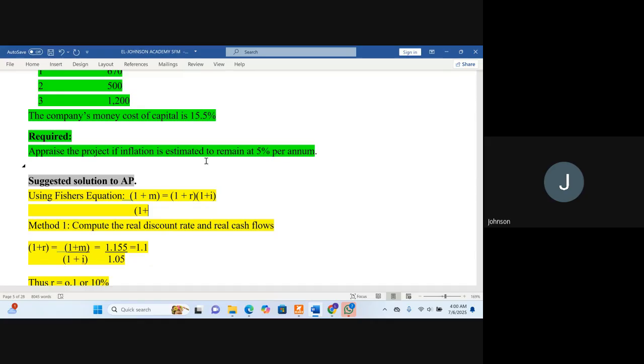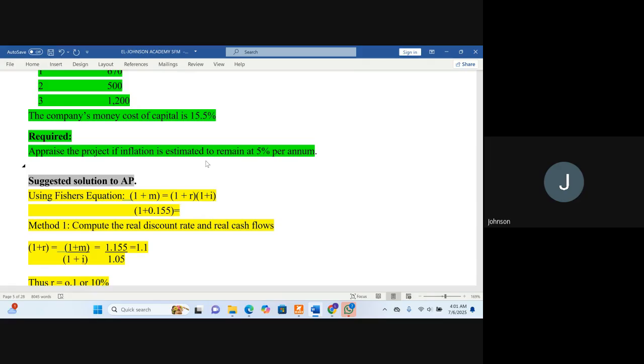So it will become 0.155. So here we now have it as 0.155. You need to be pressing your calculator because in the exam, you must be familiar with all these things.